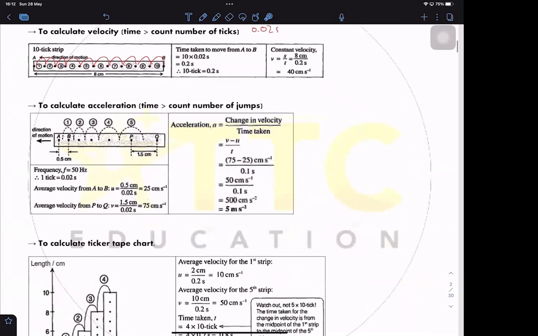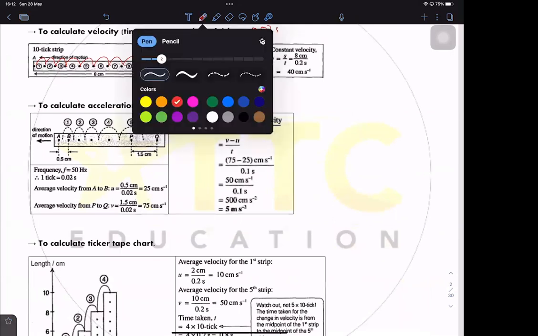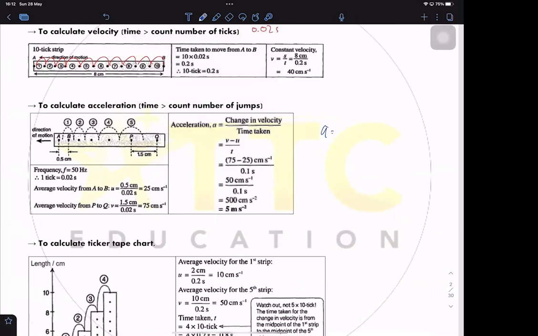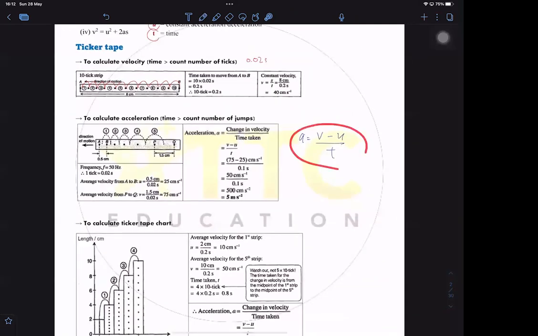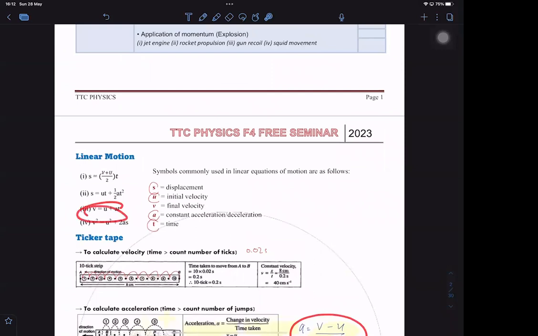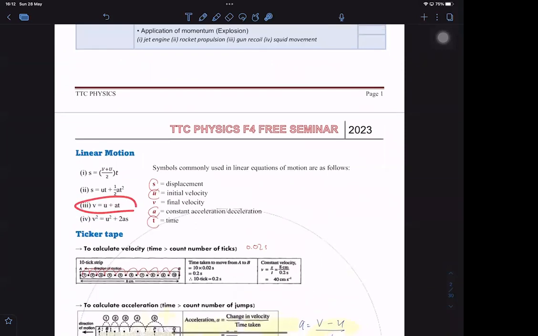Okay, now let's say there is acceleration or deceleration. You need to calculate. First, you need to know the formula for acceleration is v minus u divided by t. So where does this actually come from? Actually from this Suvat equation, you move it around, you can get it.